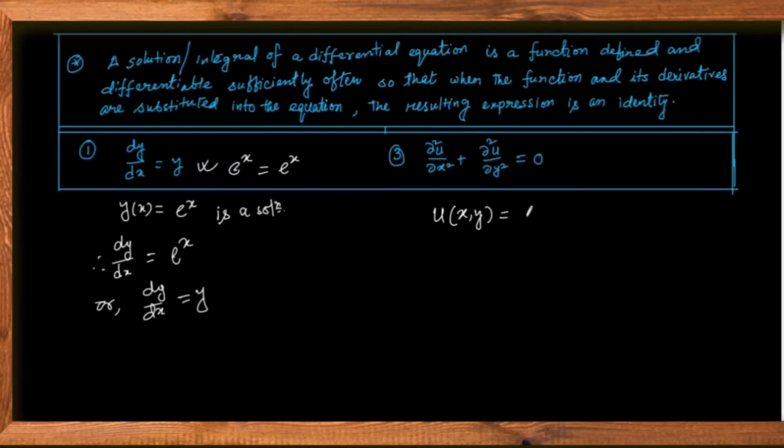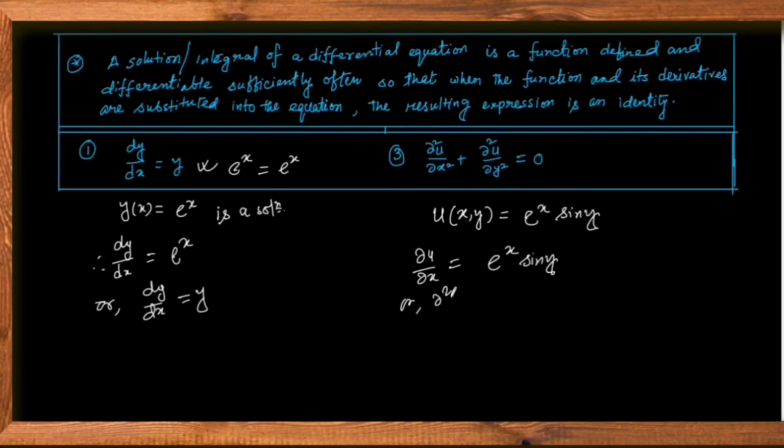if we take u(x,y) equals e^x sin y, then now calculate del u/del x. We are differentiating with respect to x only, so the function of y remains constant. The derivative of e^x is e^x, times sin y.